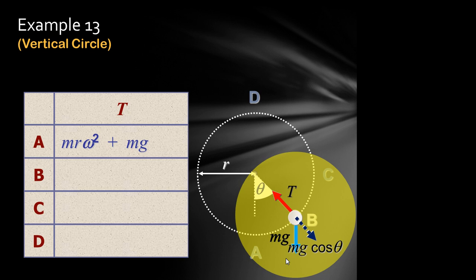I'll choose to do that, because I want to find out what is the net force in the center direction or the radial direction. If there's an arrow pointing along a radius, we call it the radial direction. So of course the radial component of the weight is mg cosine theta.